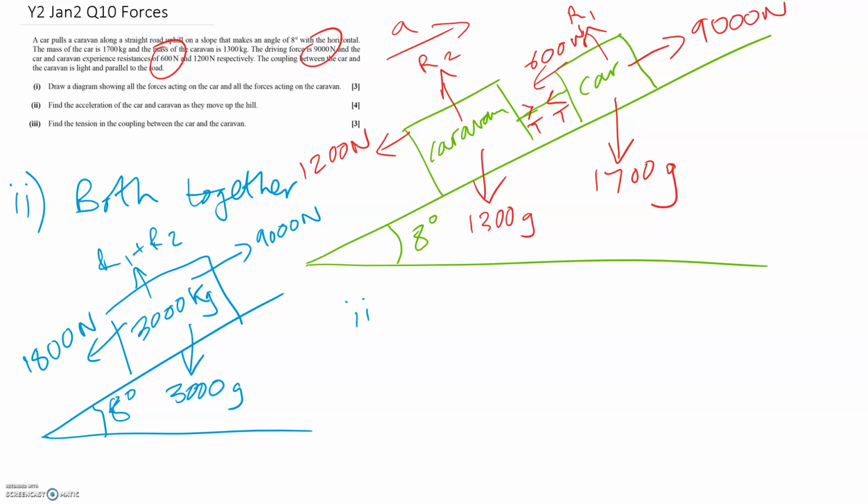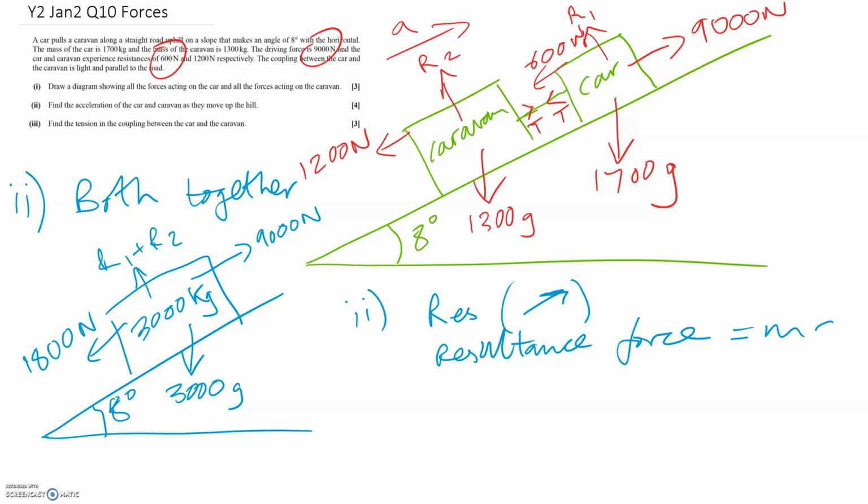So we're still doing part 2 here. If we resolve parallel to the slope in that direction, the resultant force equals MA as usual. So all the forces going up the slope, we've got 9,000 newtons going up.